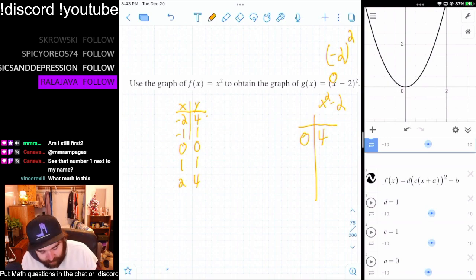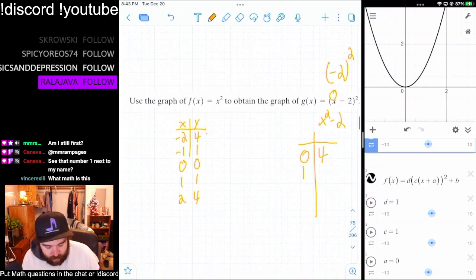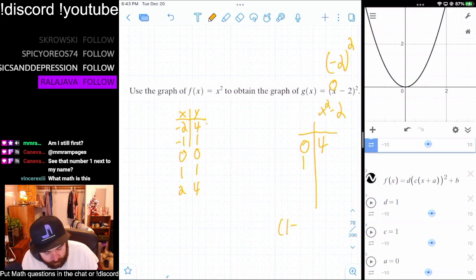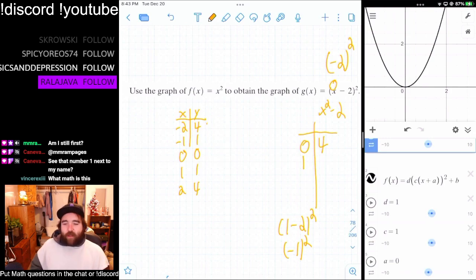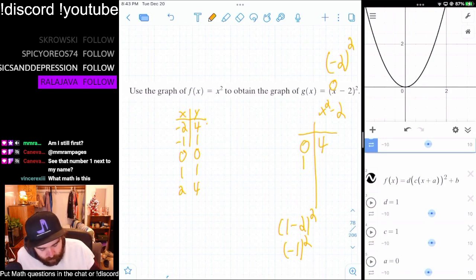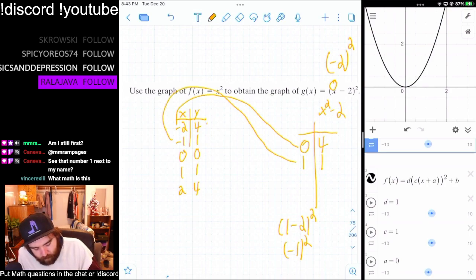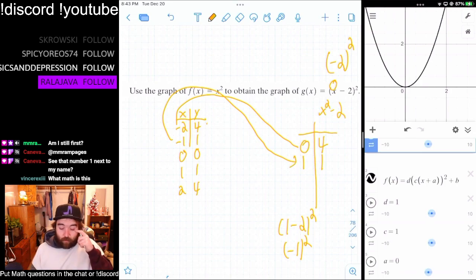And then when we plug in x equals 1 into this equation, 1 minus 2 is negative 1. It's like we were plugging in negative 1. So when we plug in 1, we're getting 1. And similarly, look at the actual pattern. We end up adding 2 to all of the different x values.